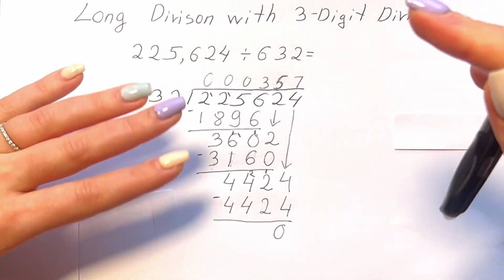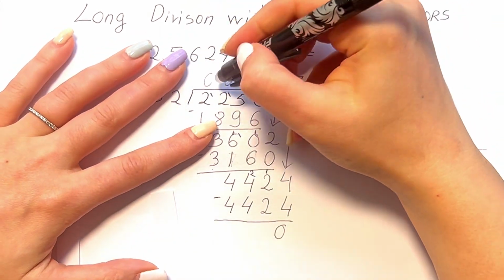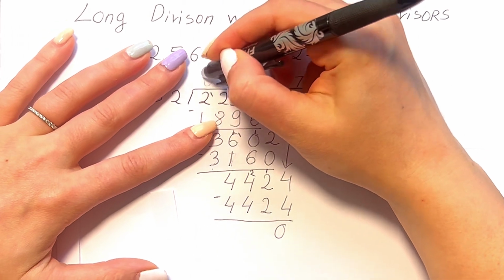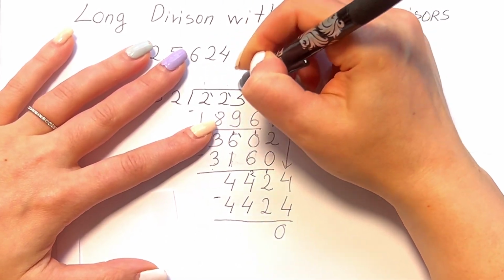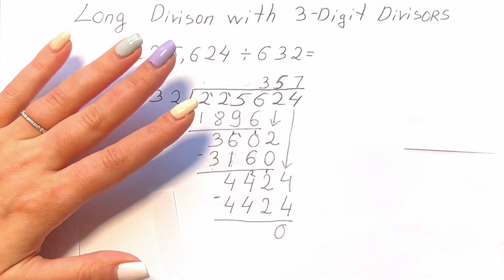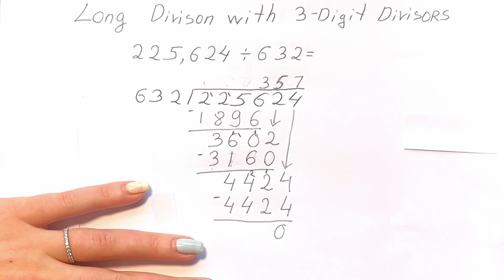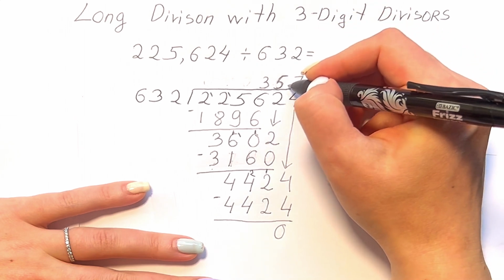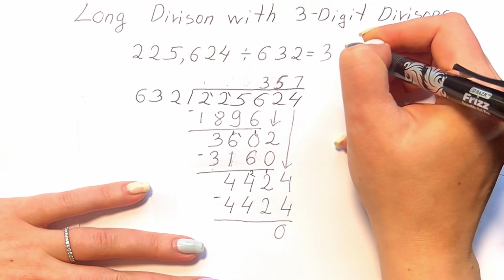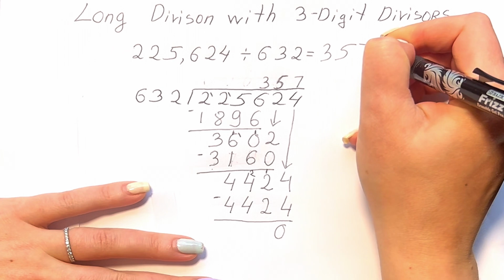So let's erase the zeros on the front of our answer, because a number cannot start with the 0. So 225,624 divided by 632 is equal to 357.